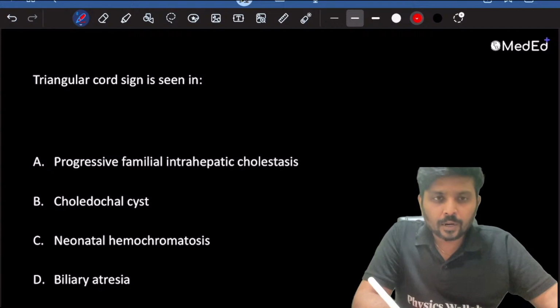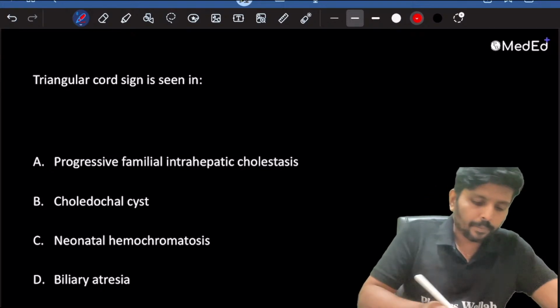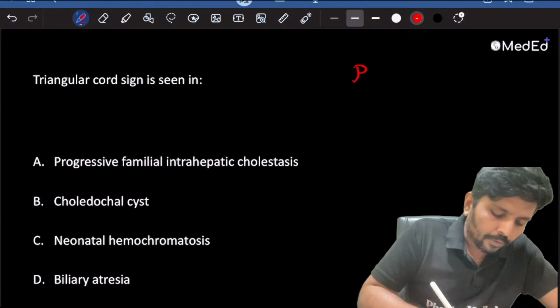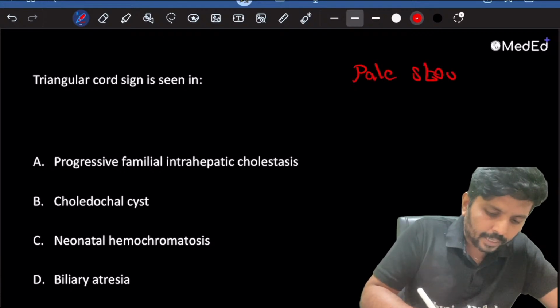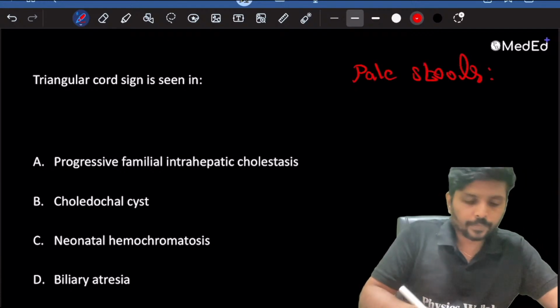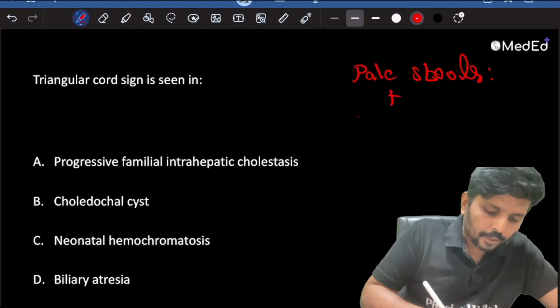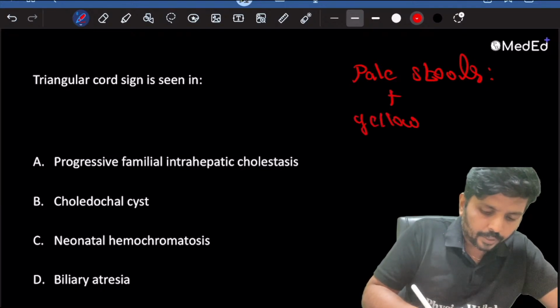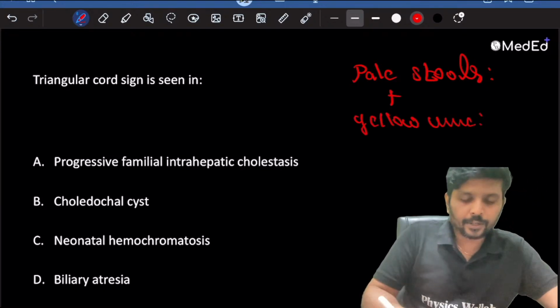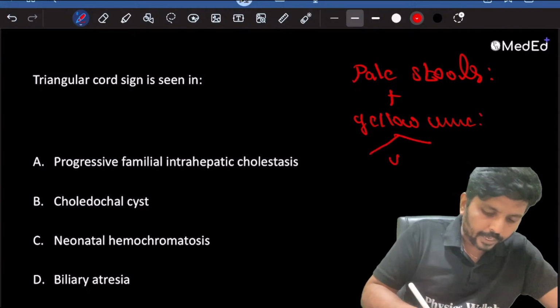Okay, triangular cord sign is seen in. Remember, whenever you have pale stools plus yellow, colored urine in a newborn, you need to take an ultrasound.